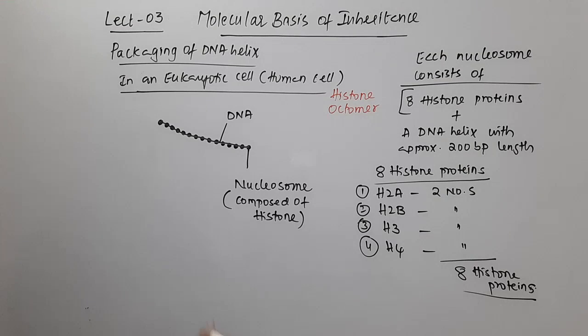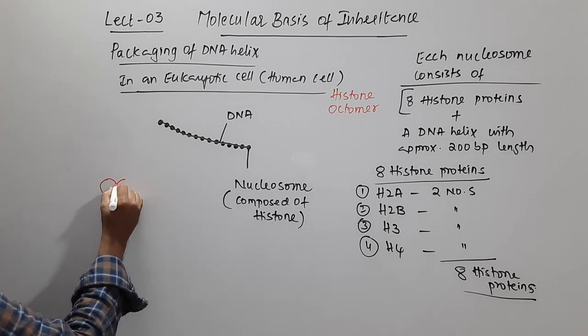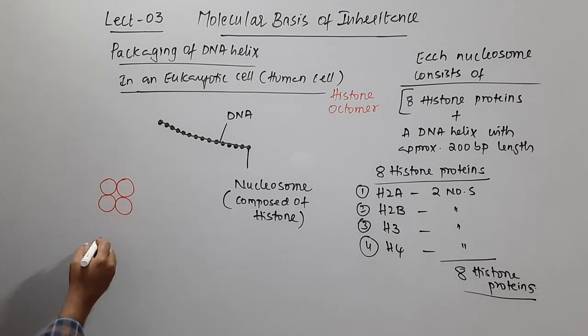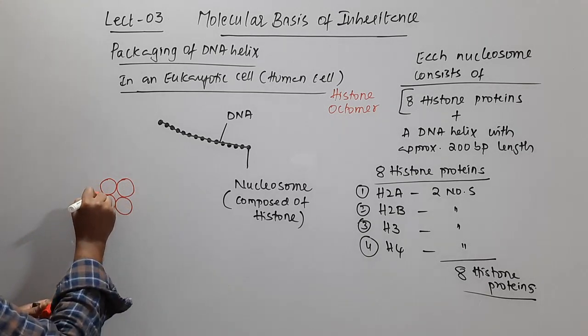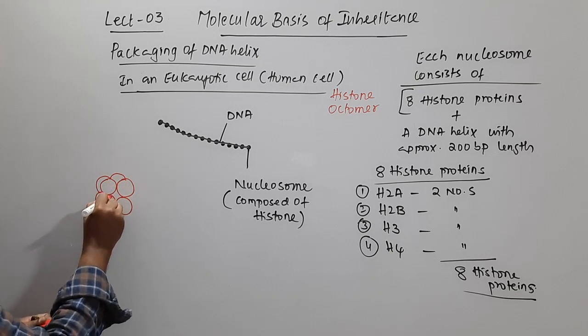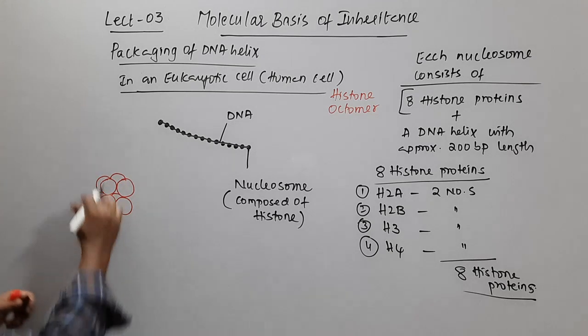So let's see. This is H2A, then H2B, then H3 and H4. And they are actually 2 in number, so I'm just mentioning it here. Each is 2 in number, and in total we have 8.